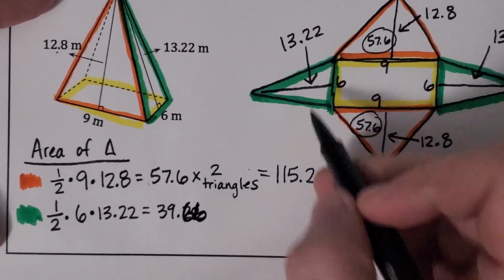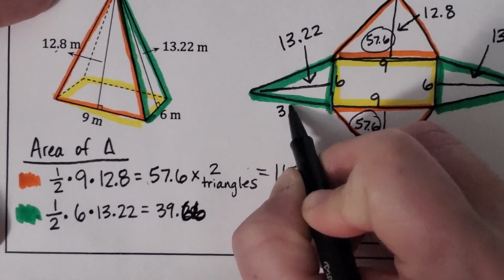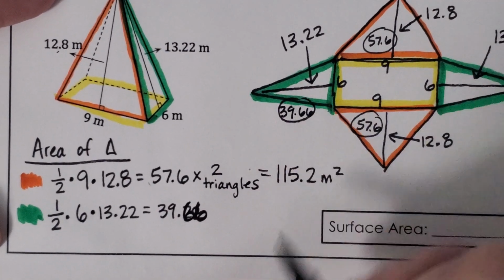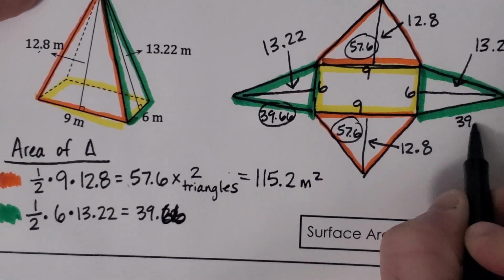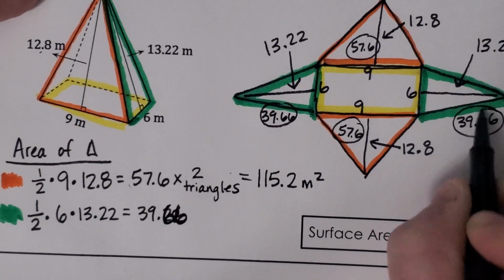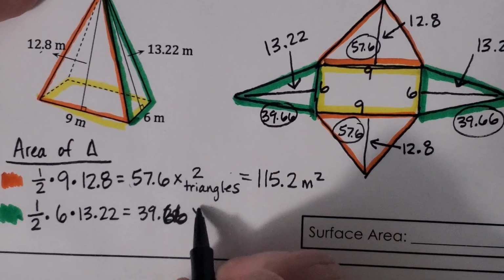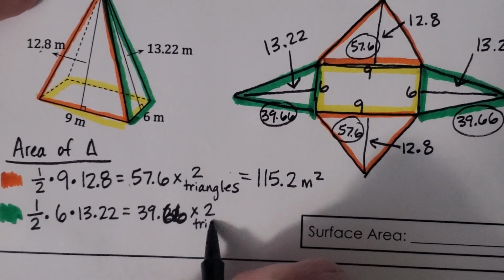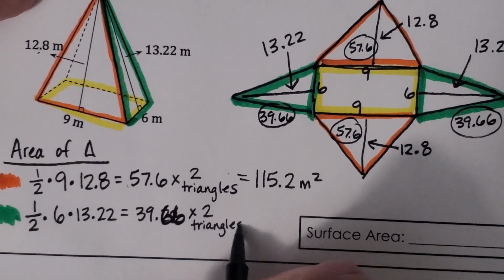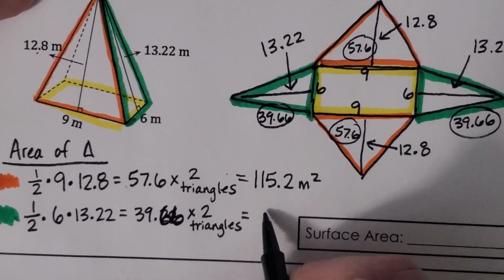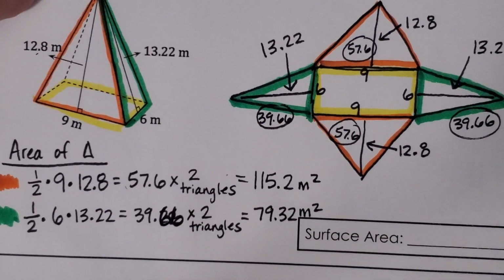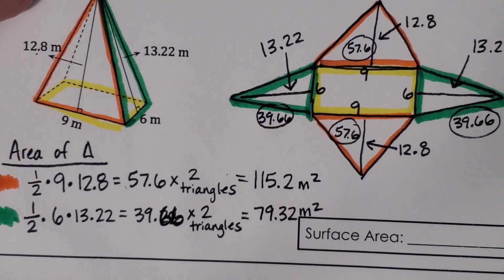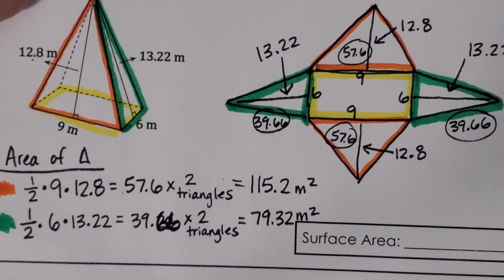And then this deals with one triangle, right? I have another triangle over here. So this is also 39.66. So I'm going to multiply it by 2 triangles. So I have a total of 79.32 meters squared for my other triangles.